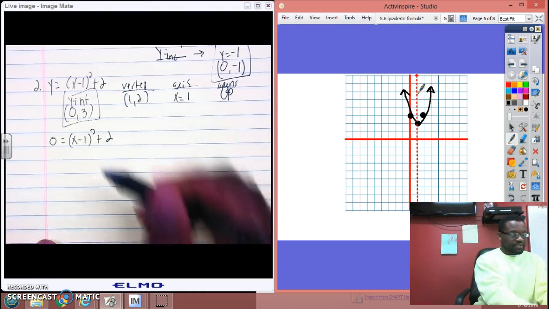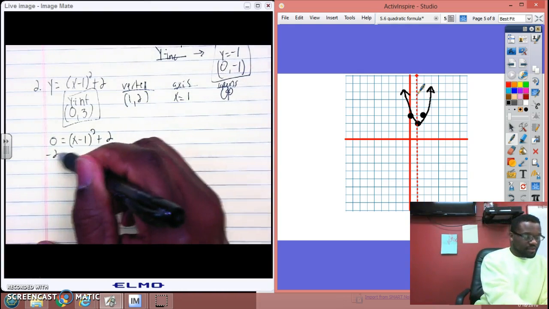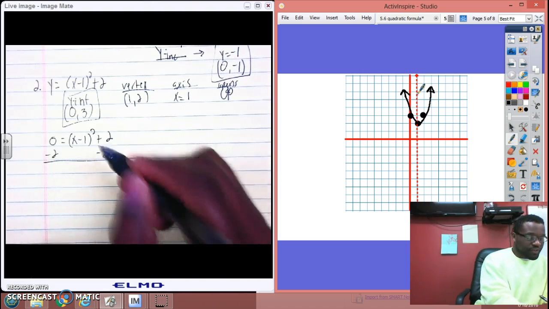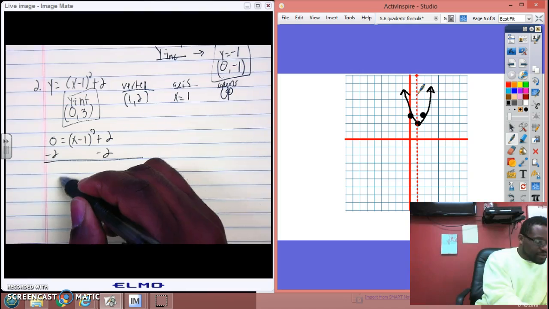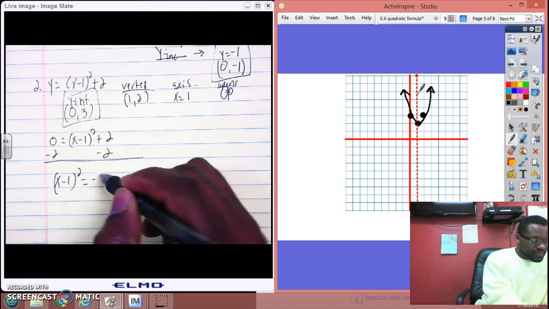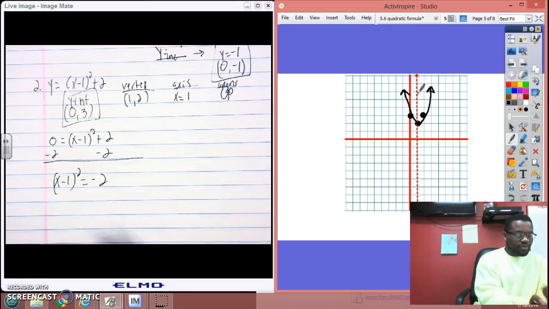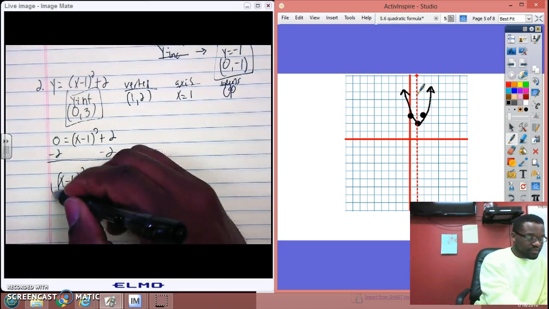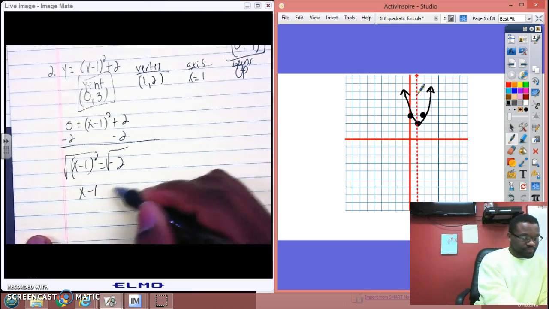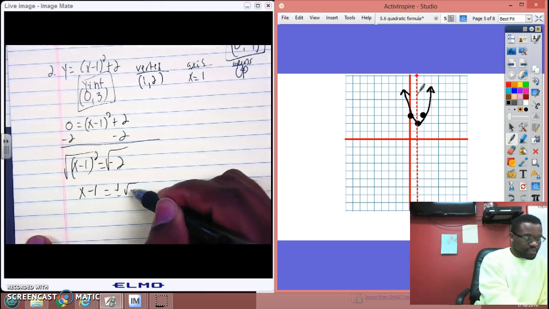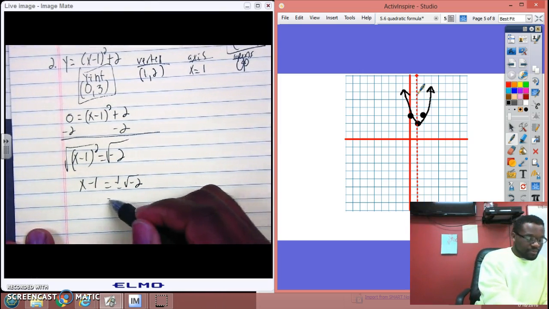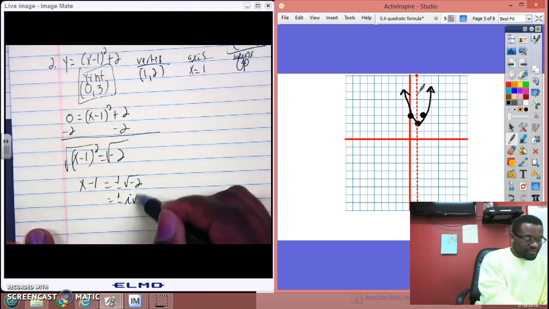And if it looks like this, we got to get everything away from the parentheses. And so if it bothers you that things are switched around, let me go ahead and turn it around for you. I just flipped the whole equation so everything can be on the side you used to. You got to take the square root of both sides, and you get x minus 1 equals plus or minus the square root of -2. However, we can't have a -2, so that becomes plus or minus i square root of 2.